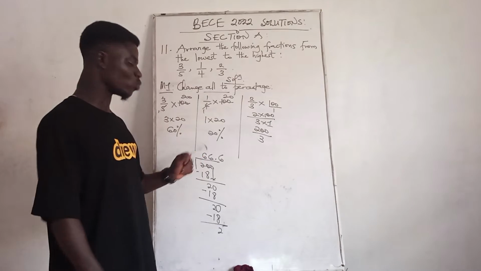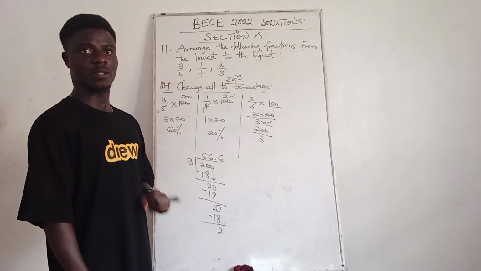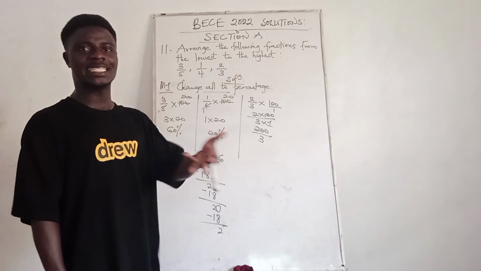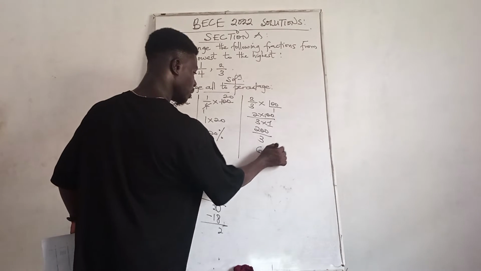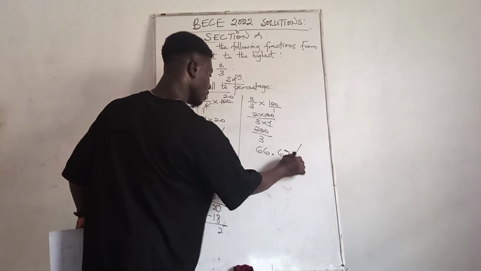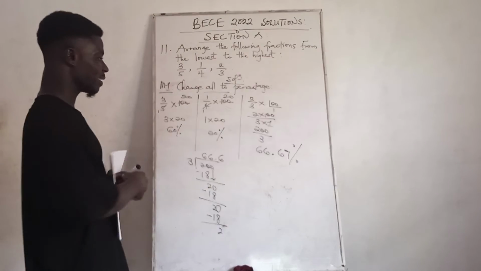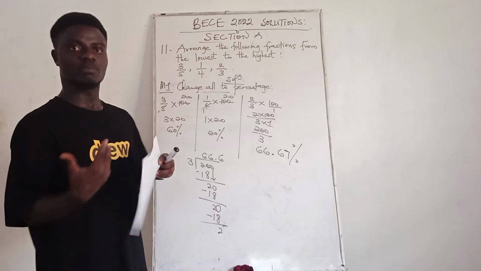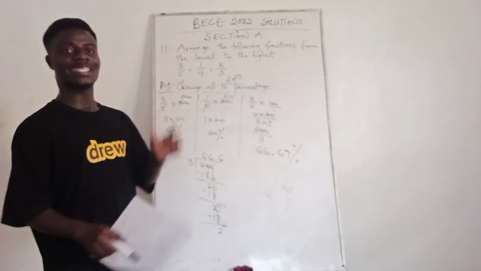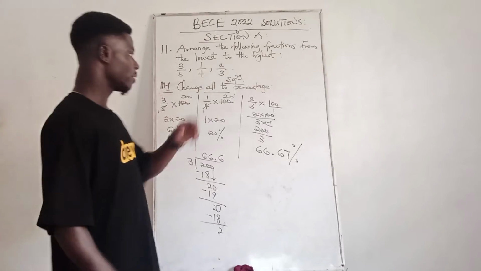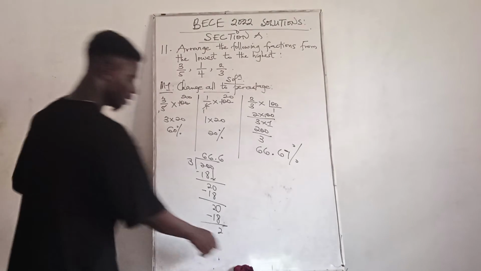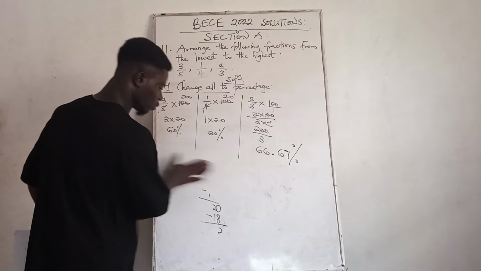This one is a rational number because it's a recurring or repeating decimal. So we get 66.6, let's say 67%. We've approximated this to 2 decimal places, or to the nearest hundredth, so we have 66.67%.